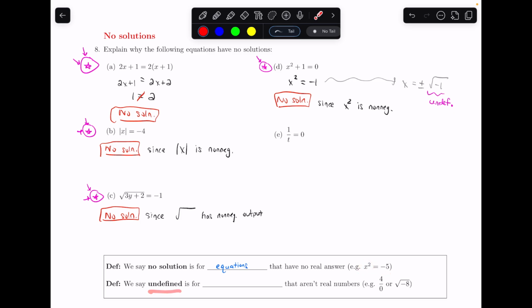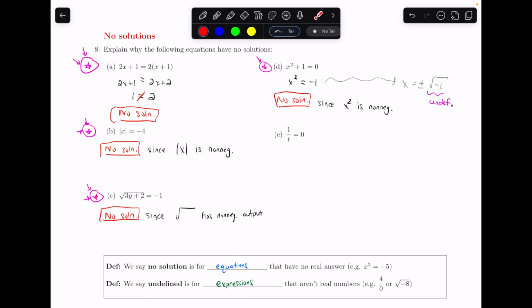On the other hand, I say undefined for what are called expressions. Expressions are things that we're just trying to simplify. They don't have an equal sign in them, like 4 over 0. That's undefined. I can't divide by 0. Or if I do the square root of a negative number, that's undefined, like we said here. So that's the difference between no solution and undefined.